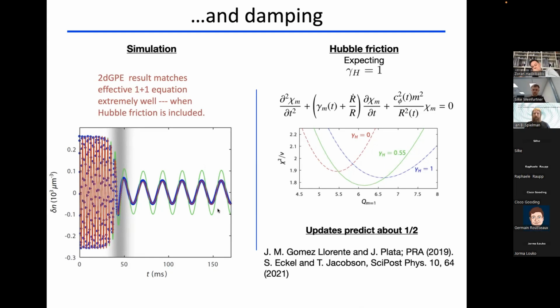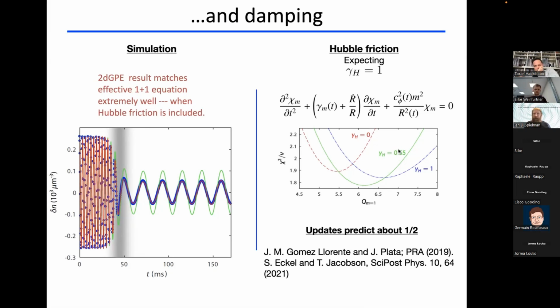And part of that amplitude decrease comes from a term in the effective 1D equation of motion for the phonons, which goes by the name of Hubble friction. Now, this friction is a non-dissipative friction. And in the data set we had for the first paper, we could weakly constrain the value of the coefficient in front of this term to be about 0.55.